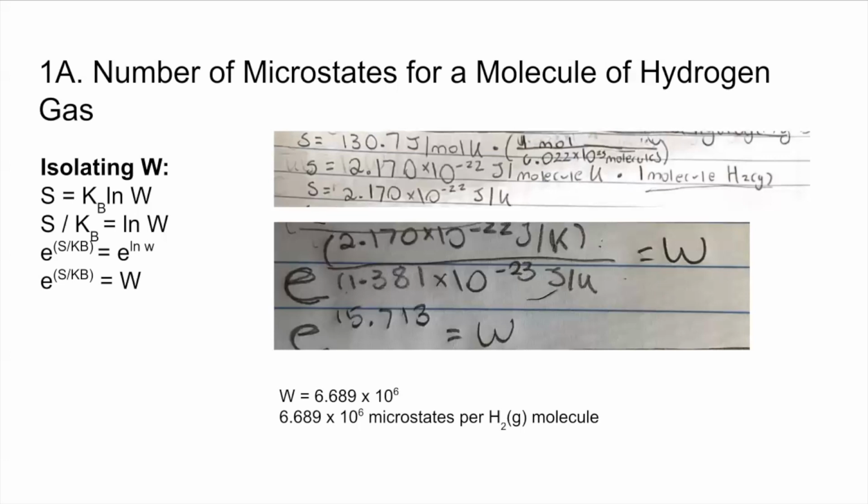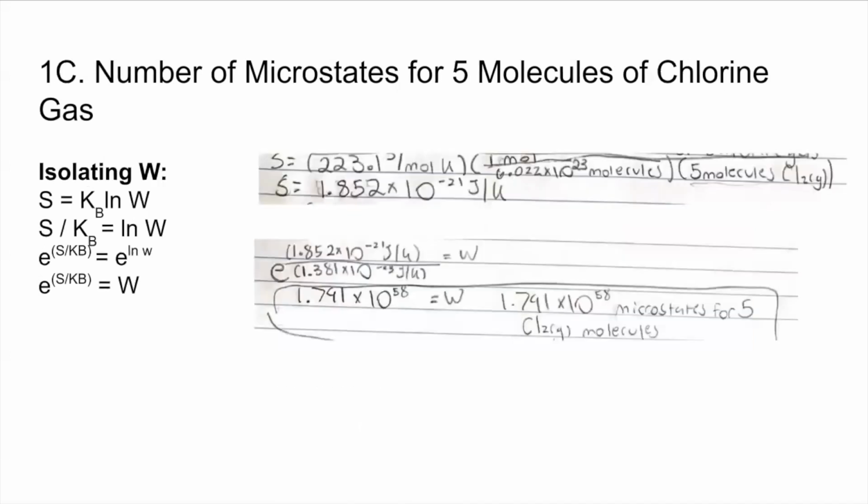When plugging in these values, you get W equals 6.689 times 10 to the 6 microstates per hydrogen gas molecule. I used 4 significant figures for my final answer because the value obtained from the appendix of the textbook had 4 significant figures.